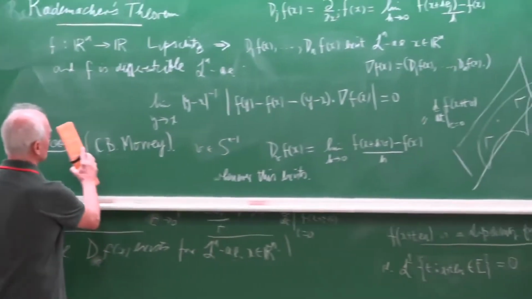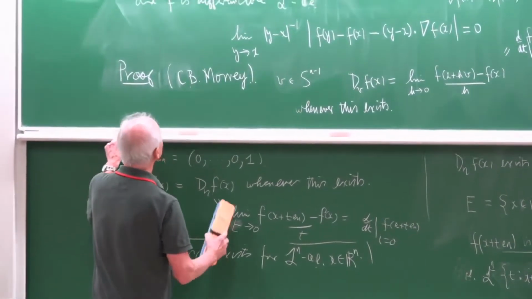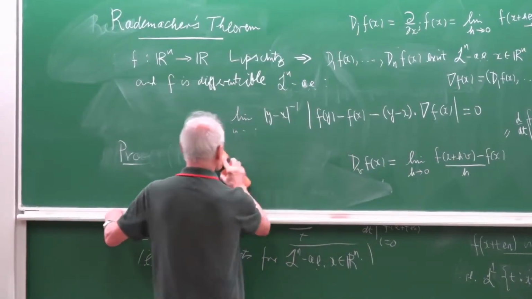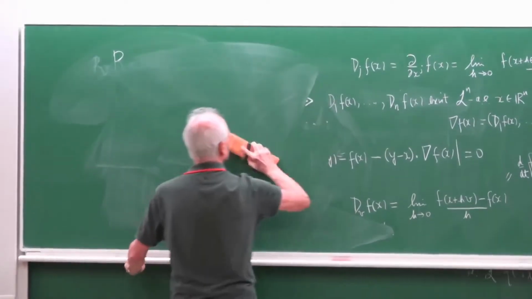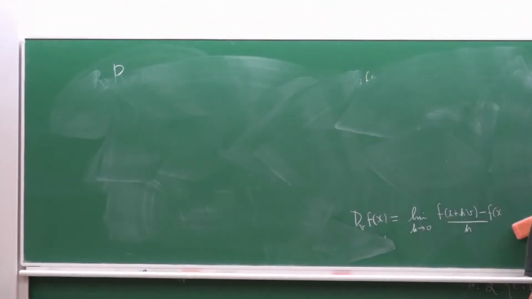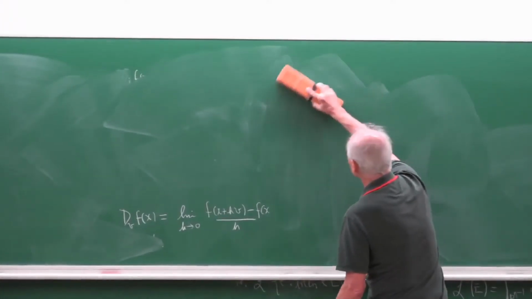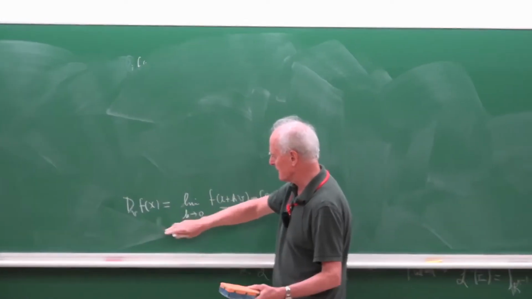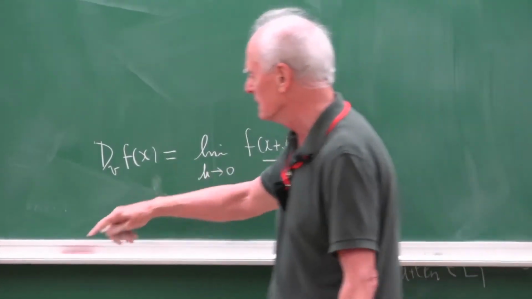So let's just write down what that means. Okay, so here's our definition of the directional derivative. That now exists for almost every x, Ln almost every x in Rn.